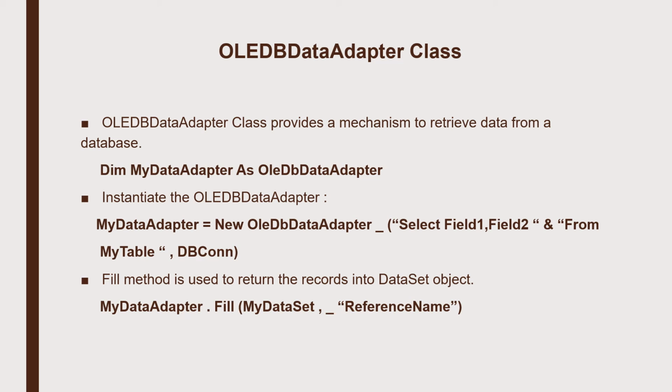My data adapter dot fill my dataset, reference name. The first parameter in the fill method is the dataset object that you want the data placed into. The second parameter is the name for the table within the dataset object.